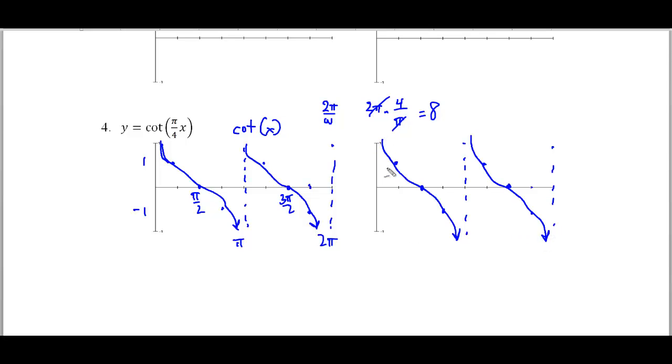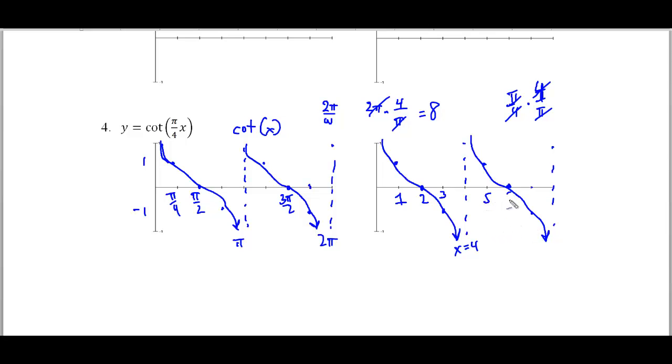Now I'm going to take my first interval, which over here was pi over 4, and divide by my omega, which in this case means multiplying by 4 over pi. Holy moly, look at that, the 4's simplify, the pi's simplify. So this is going to be 1. This is going to be 2, and this is going to be 3. And then we have an asymptote line at x equals 4.